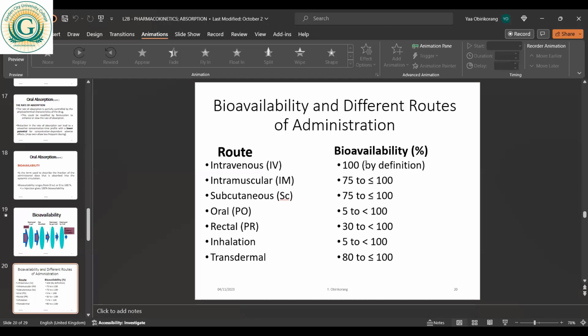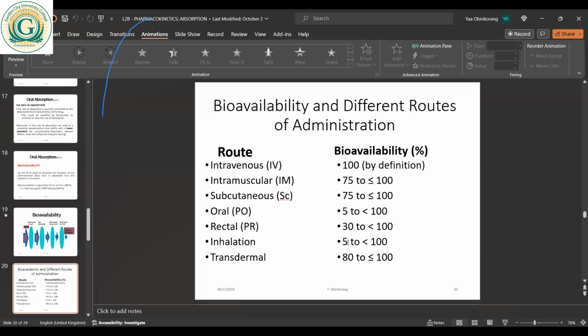Like I said, there are some enzymes that are present in the plasma, and so some of the drug can be metabolized in the plasma. And so these are the ranges. For the oral route, it can range from 5 to 100%. The rectal 30 to 100%.